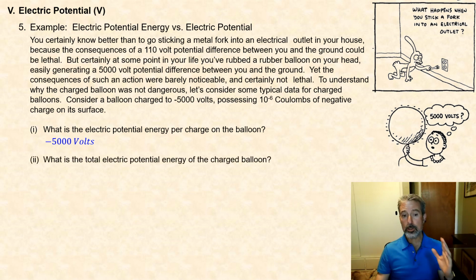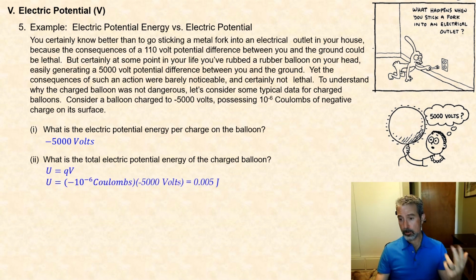If I said, what is the total electric potential energy of the charged balloon? Well, this we're going to have to figure out. From the previous slide, you see that the electric potential energy is simply the charge times the electric potential.